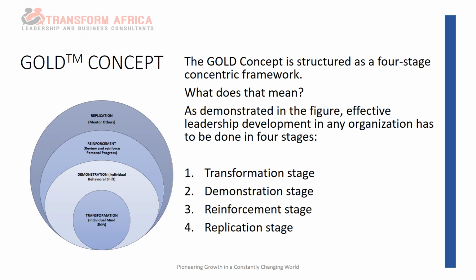So when we talk about developing leaders, the starting point is to deal with the inside of a person, and that is the mind. That is why we are calling it the transformation stage, and that is why you see it being at the center of those concentric circles. So as you go outwards, you extend leadership influence from the inner man, the mind, outwards until ultimately it touches the entire organization.